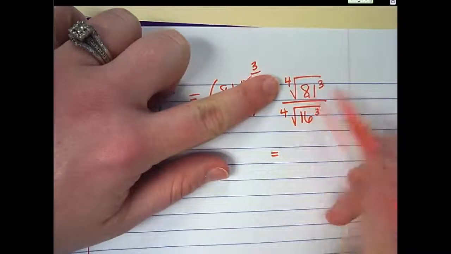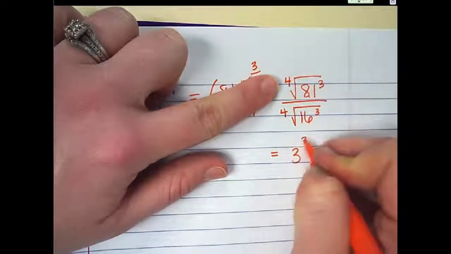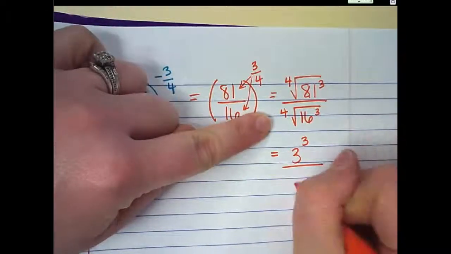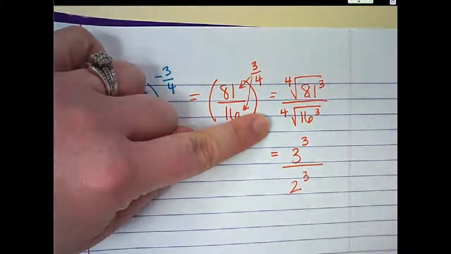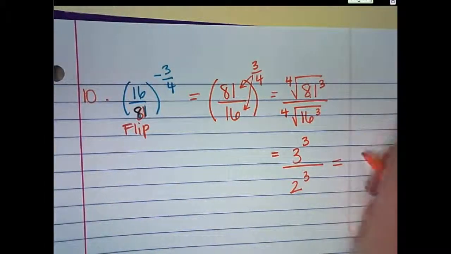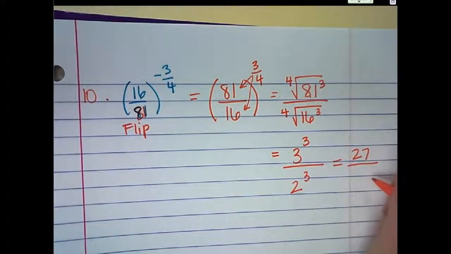Remember, do the root first. 4th root of 81 is 3, and then that's going to get the third power. And 4th root of 16 is 2 to the third power. 3 to the third is 27, and 2 to the third is 8.